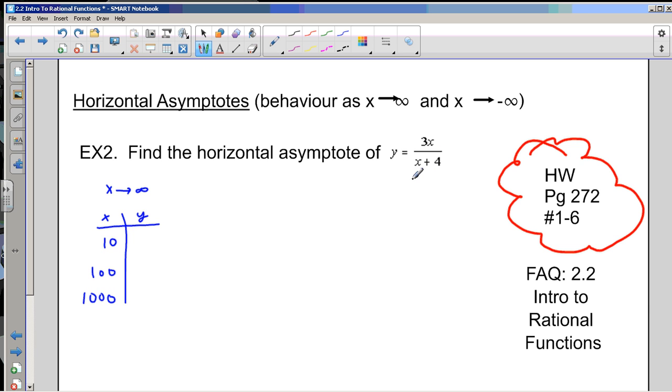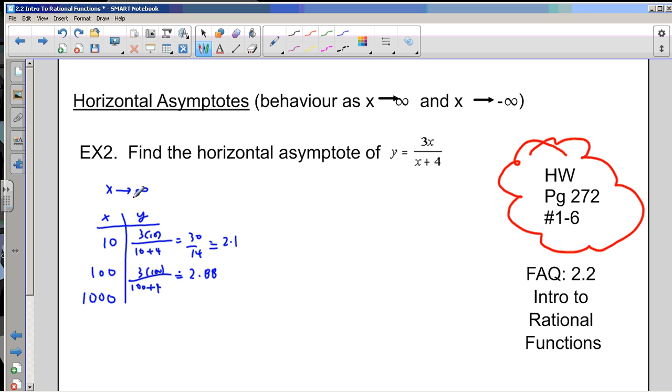And what's going on with the overall function value? Well, bash this into a calculator. I got 30 divided by 14, which is about 2.1-ish. And here, same thing, I get about 2.88 maybe.